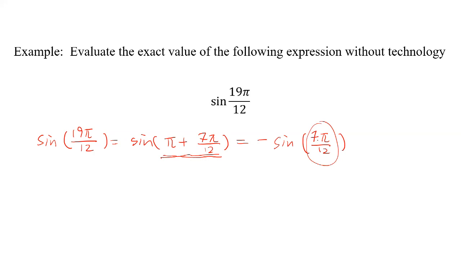again, this angle is not a special angle, right? But we can rewrite this angle as 3 pi over 12 plus 4 pi over 12. And then 3 pi over 12 is 1/4 pi, right? 4 pi over 12 is 1/3 pi.